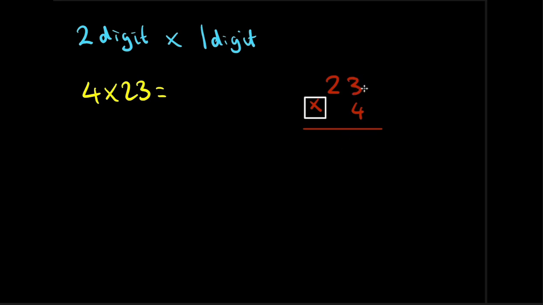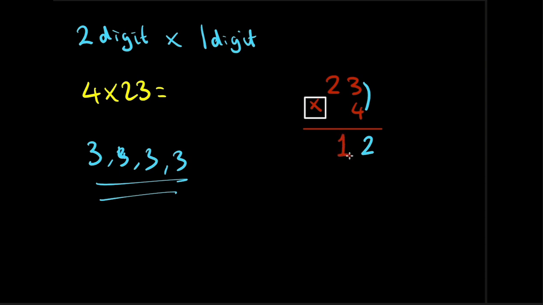So first off, we want to do 3 times 4, as we did last time. 3 times 4, 3 lots of 4. 3, 6, 9, 12. So that's 12. So do you think we're going to put the 1 here? No, that is wrong. We don't put the 1 there. We carry it on to the next step.